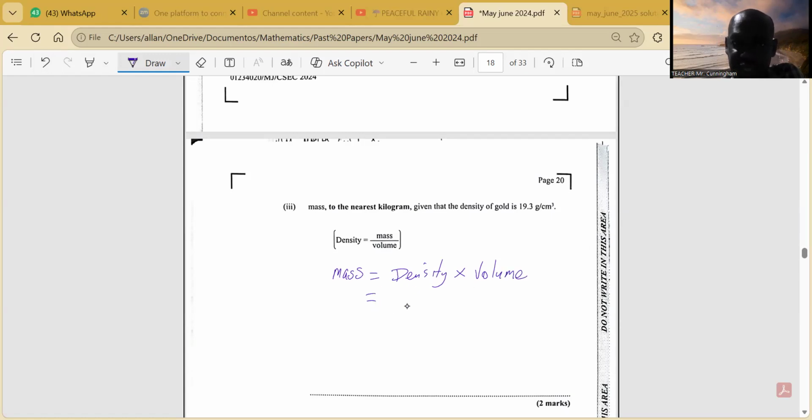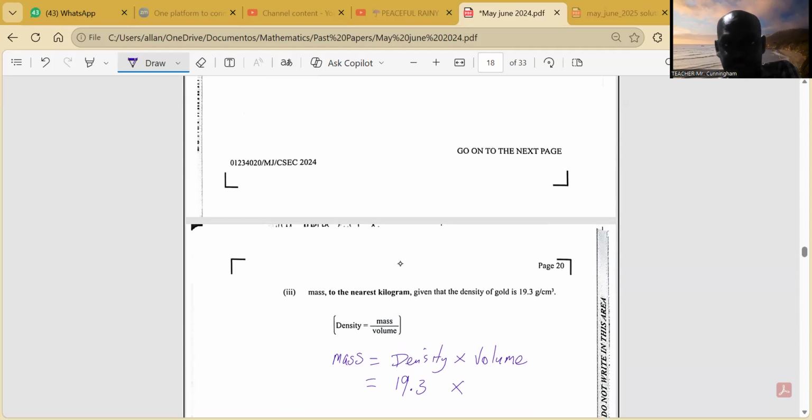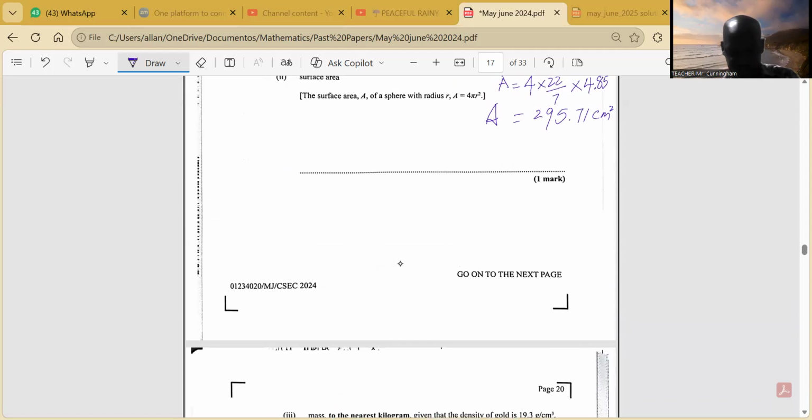Your density is 19.3 grams per cm cube. And what's the volume of the gold bar?